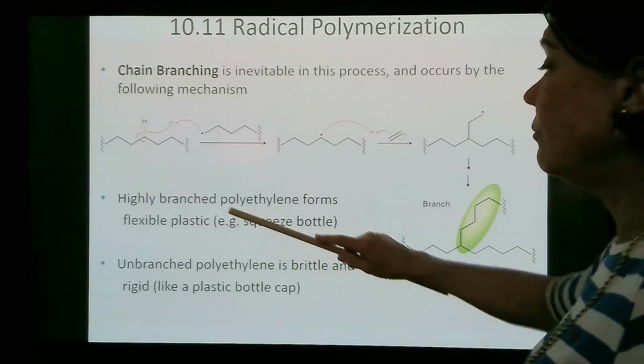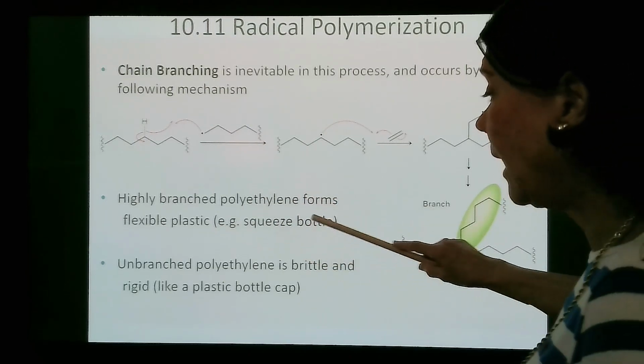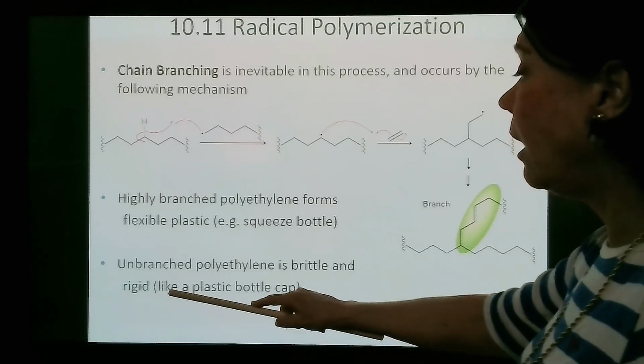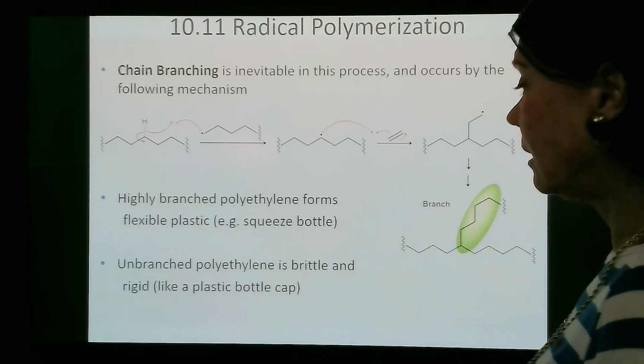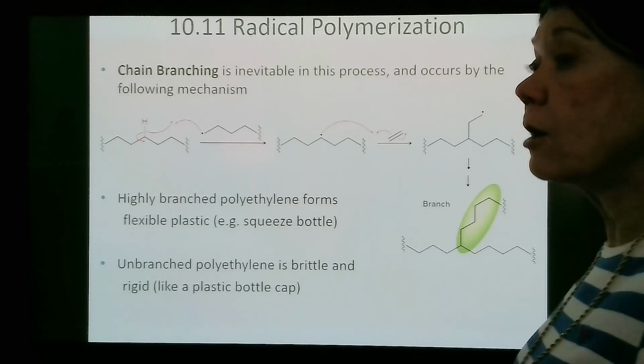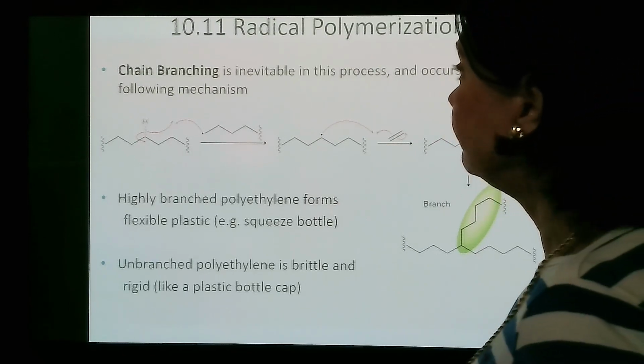The highly branched polyethylene forms flexible plastic. The unbranched polyethylene forms more rigid plastic. And so entire courses are built around polymerization.